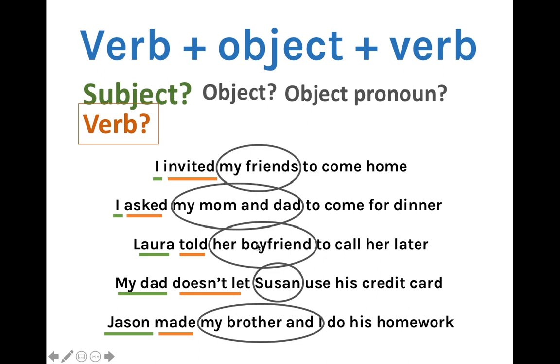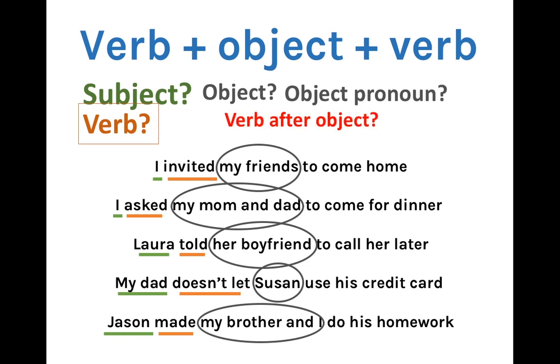In the case of Laura told her boyfriend, he, so we use him. My dad doesn't let Susan. Susan is she, so the object pronoun is her. And my brother and I is we, so the object pronoun is us. Keep that in mind for the rest of the exercises.